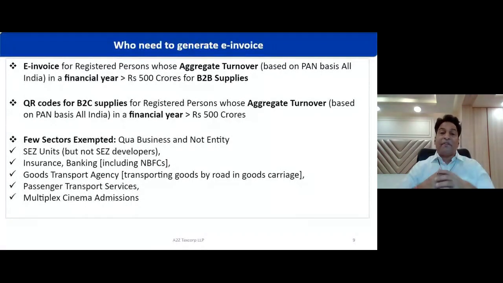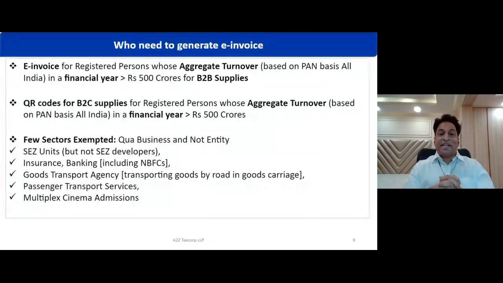And what is the meaning of aggregate turnover? It is your total taxable supplies, either B2B or B2C, intra or inter, plus your export turnover, plus your exempted supplies clubbed together, plus any transaction between distinct persons in GST.